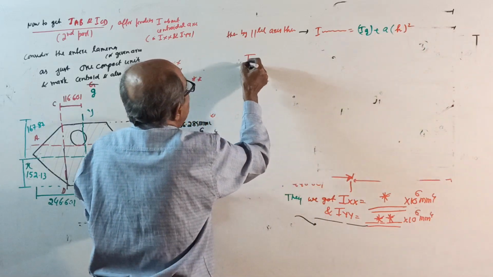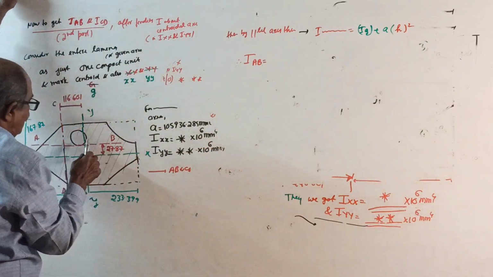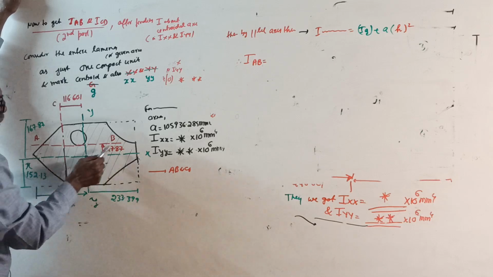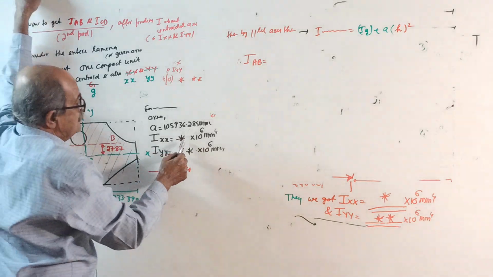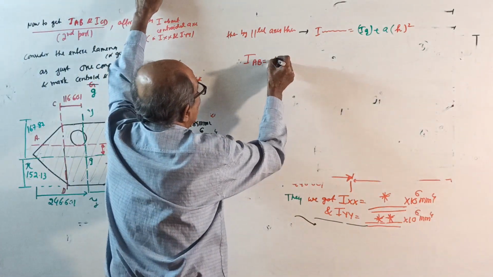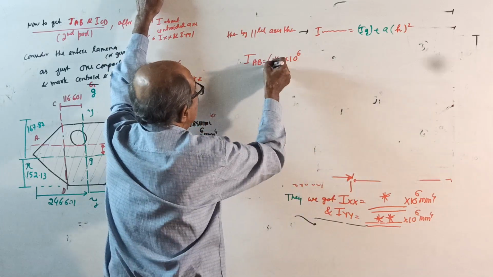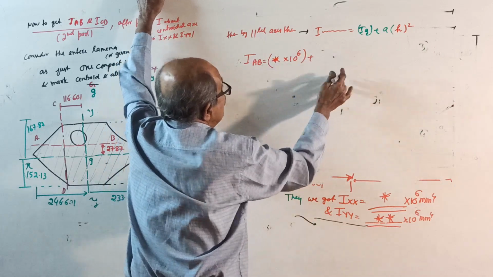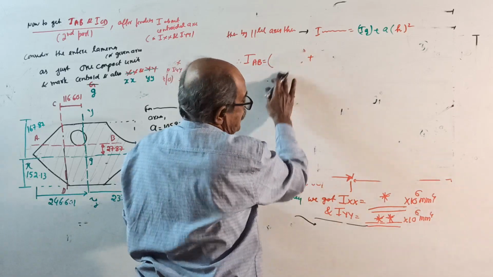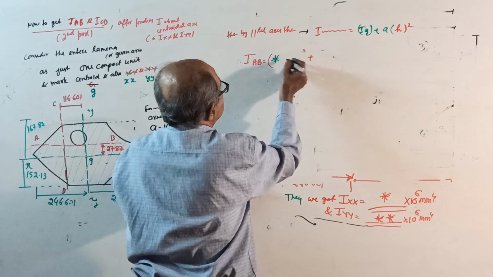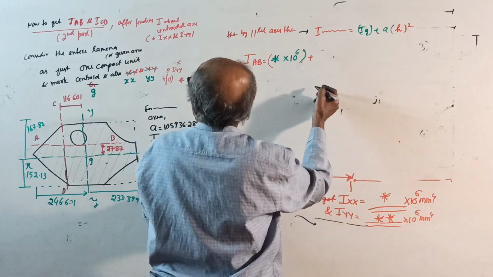Therefore, I about AB equals, see, the axis passing through the centroid parallel to AB is this Ixx. Just now we got it, star into 10 to the power 6, which you know here. IAB plus area. I'll use green color now. Star into 10 to the power 6 is Ig, Ixx, plus area. Where is area?